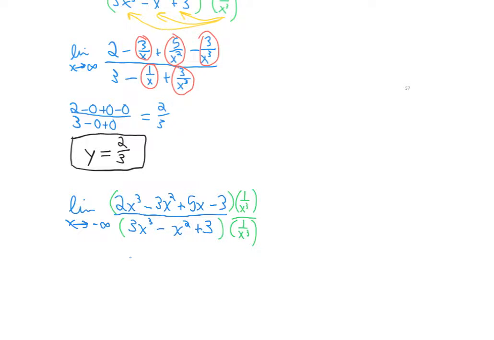And I'm going to put dot dot dot there because the calculation will end up being very similar, and we'll get that the limit is 2/3, which means we don't get a new horizontal asymptote out of it. And that's okay, that will happen a lot.